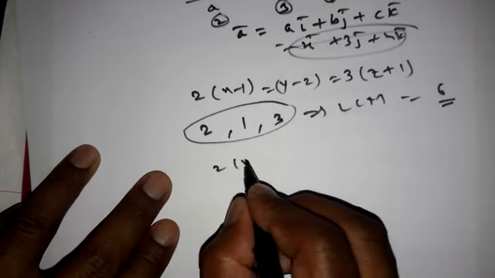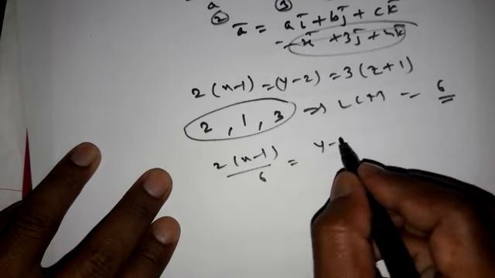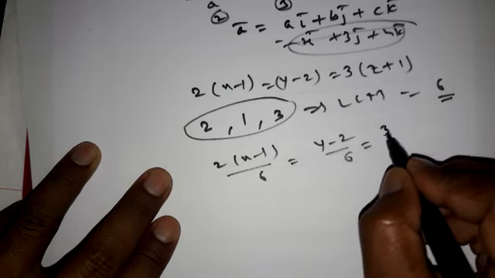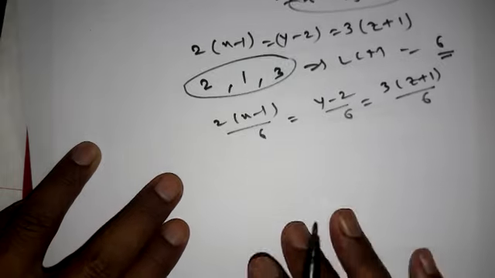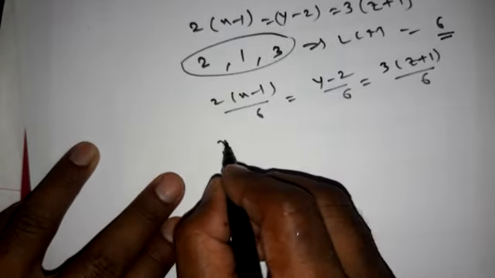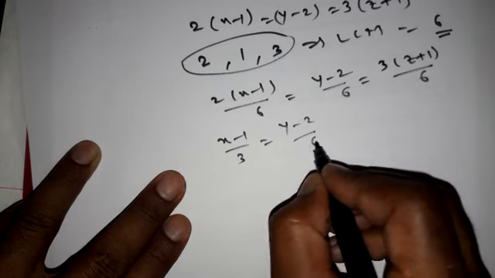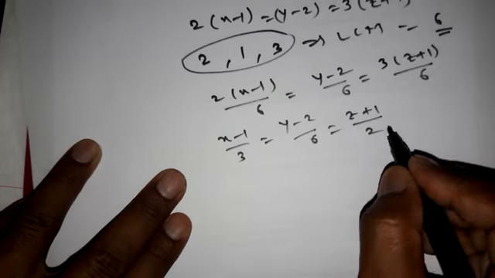So 2 into (x minus 1) upon 6, (y minus 2) upon 6, 3 into (z plus 1) upon 6. So I get here (x minus 1) upon 3, (y minus 2) upon 6, (z plus 1) upon 2.